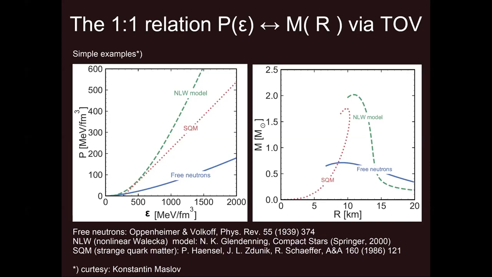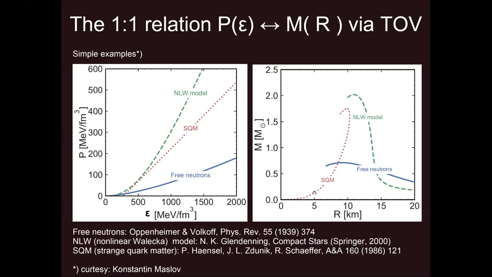Of course, exotic matter has always been around as a hypothesis for the interior of a compact star. Here I give the example of strange quark matter within the bag model. So this is just massless quarks. So you see a straight line of pressure versus energy density and a downshift by a bag constant. So this is a strange quark matter equation of state, and you put this into the Tolman-Oppenheimer-Volkoff equation.